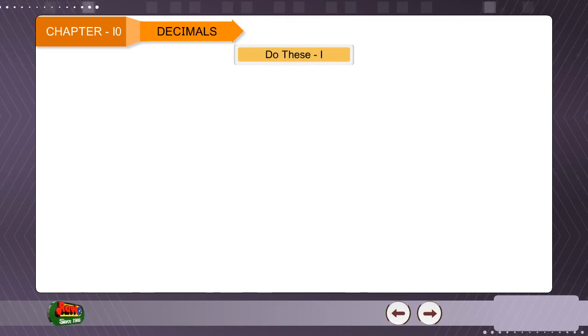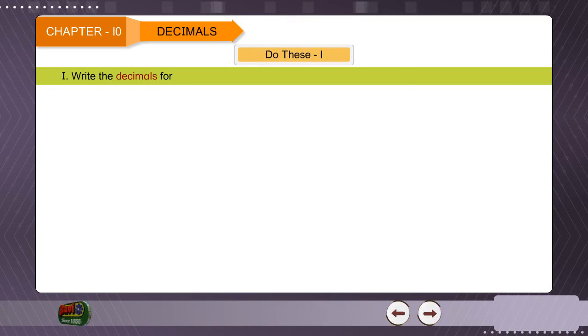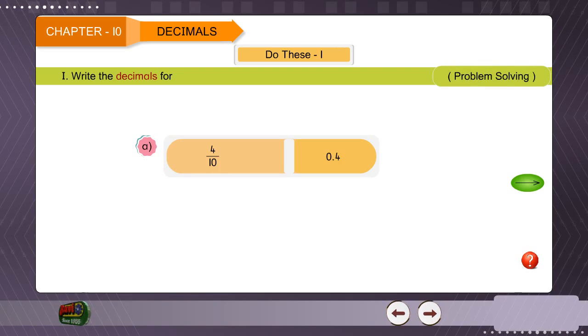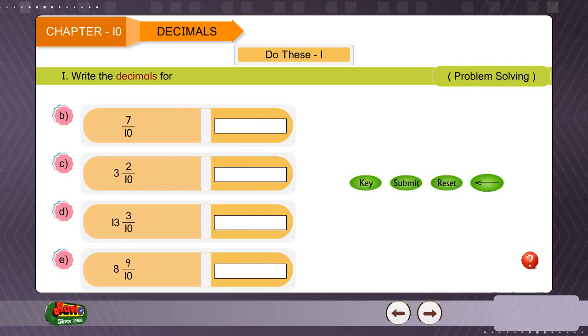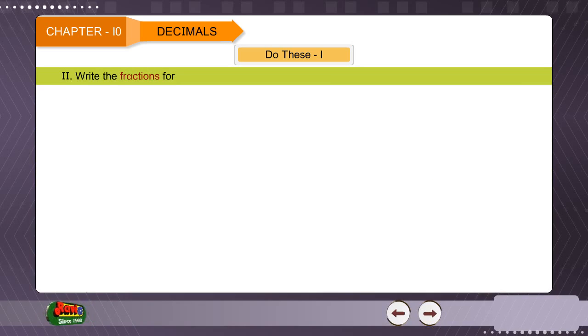Do these. 1. Write the decimals for problem solving. 2.